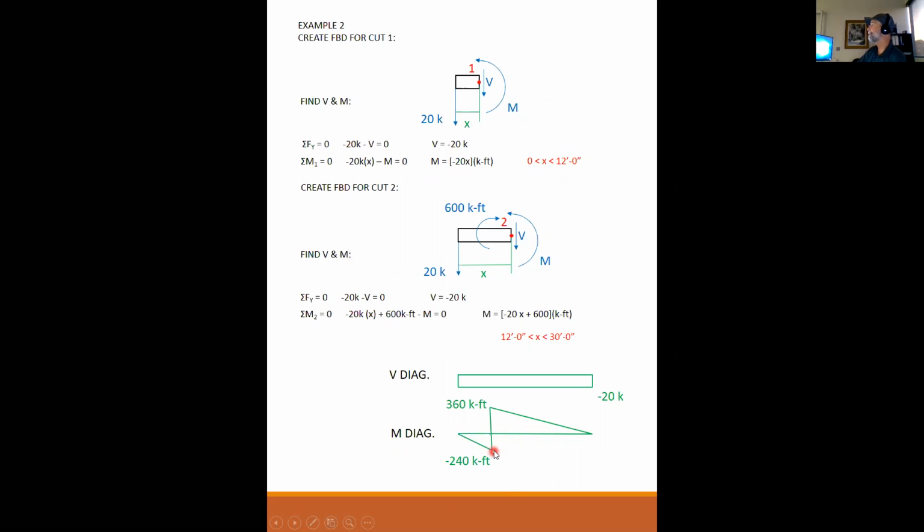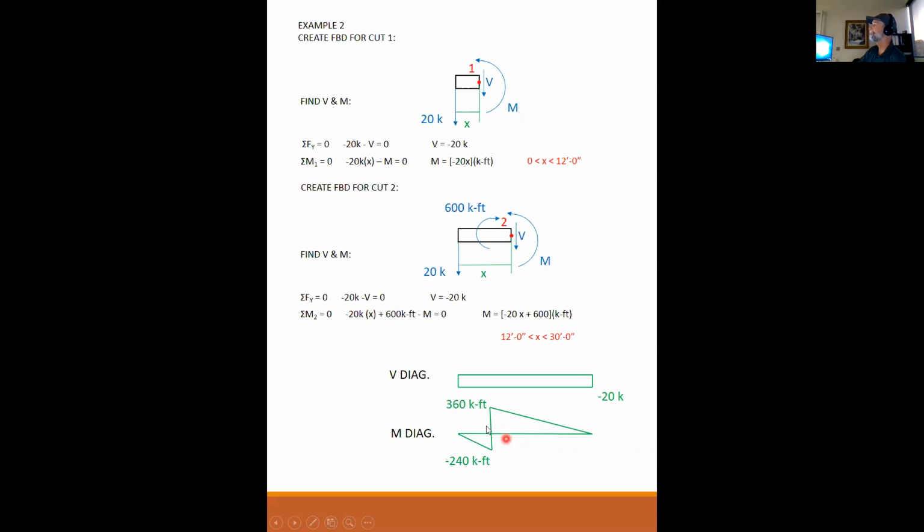Now for the second part. If I plug in 12 into x here, then minus 20 times 12 plus 600 gives me a positive 360. So here, there very much is a discontinuity. There's a big step in the internal moment because of this applied moment.